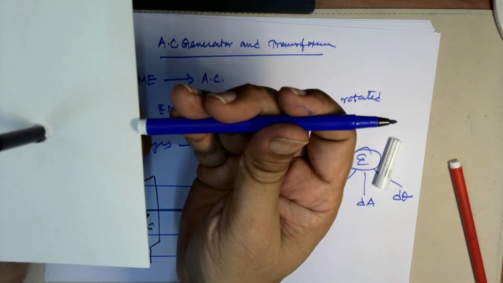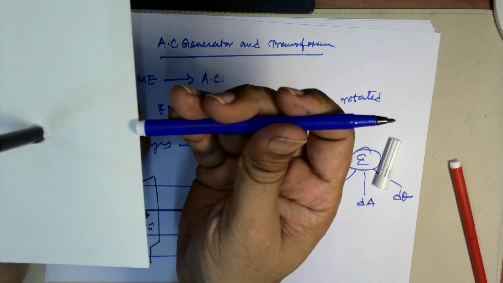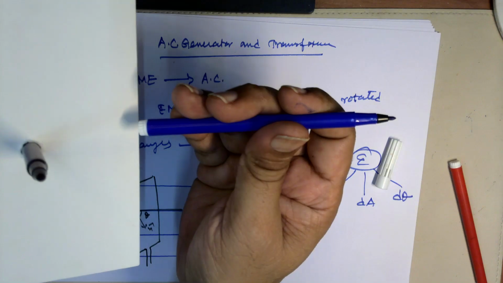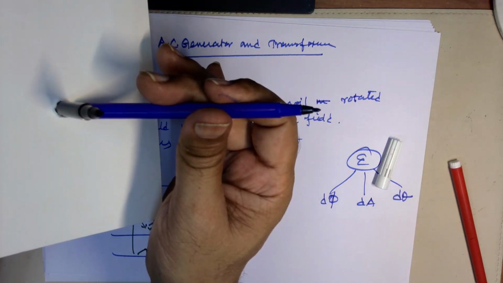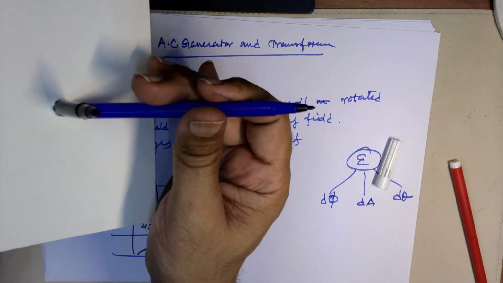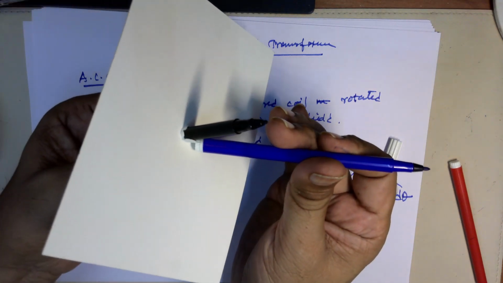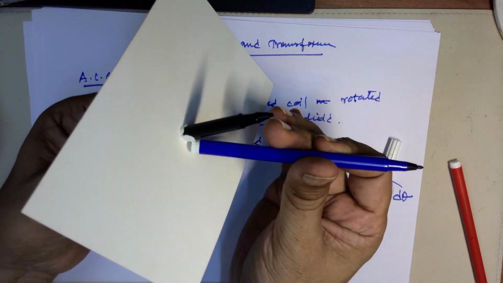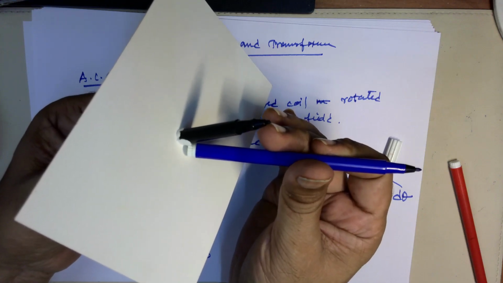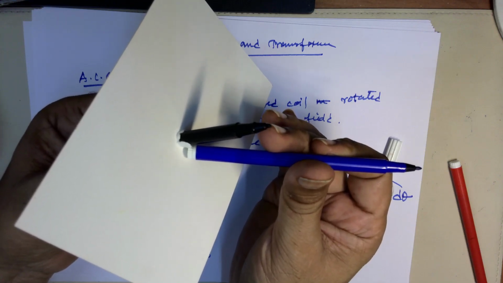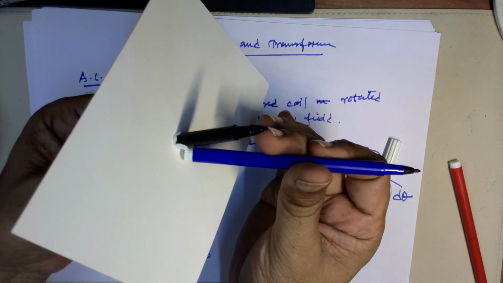Now listen to me carefully. I have fixed the coil at a certain angle like this. This is the plane of the coil. Are you able to understand this? Okay. So I am slightly tilting. Now the angle between the perpendicular of the coil, the normal to the coil.